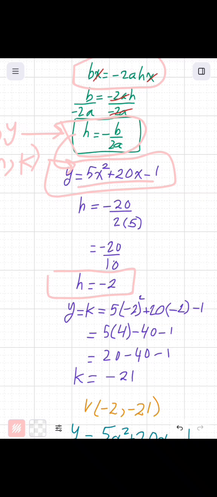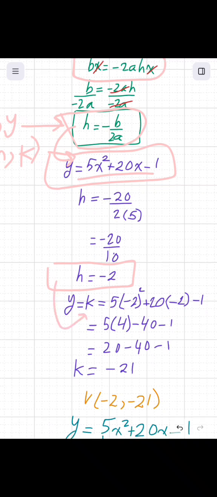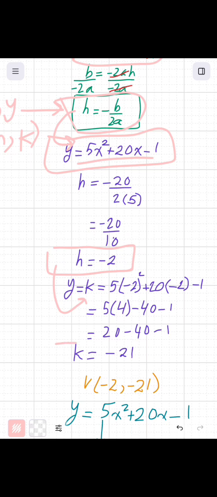Now since this is the x of the vertex, if I put x of the vertex back into the main equation, I get y of the vertex. That is also called k. So I did that and I come up with the value of k to be minus 21.